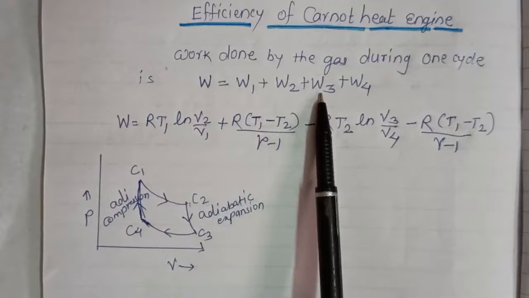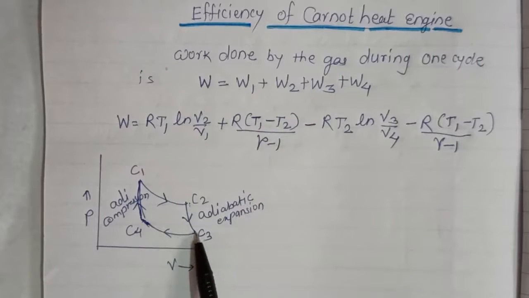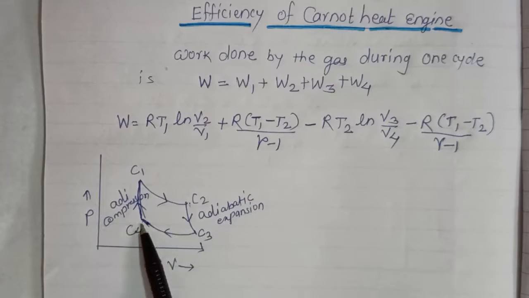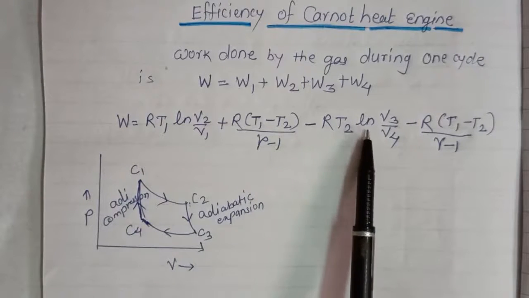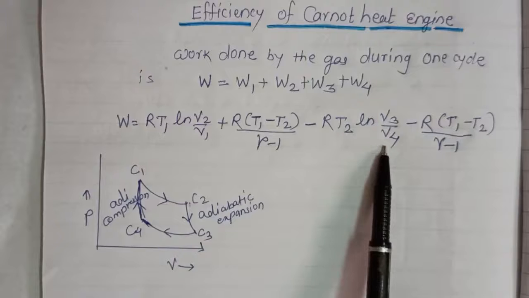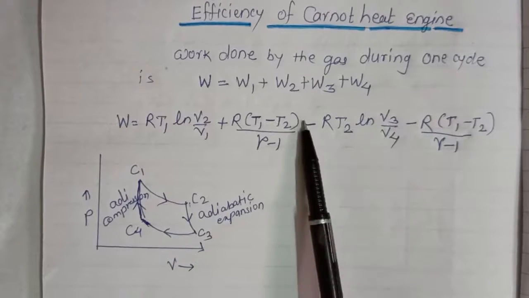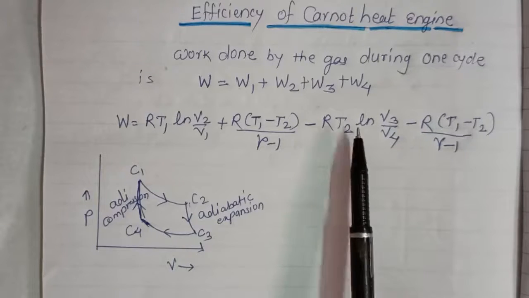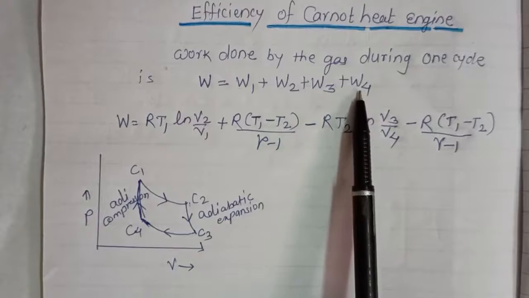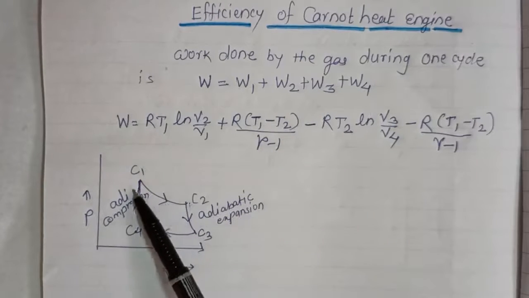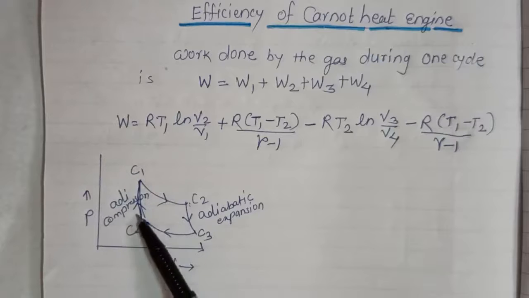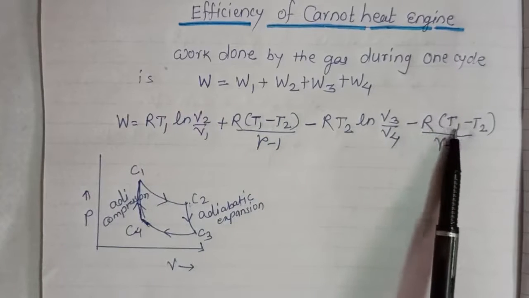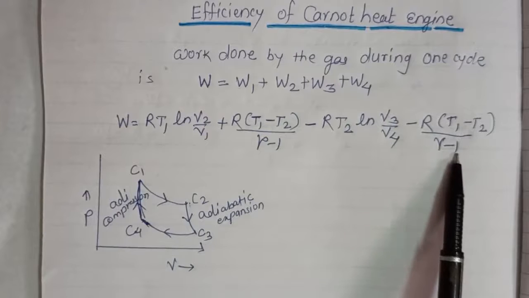W3 is the work done during isothermal compression, represented by curve C3 C4, and W3 is equal to minus RT2 log of V3 upon V4. This work done is negative, it means work done on the gas. W4 is the work done during adiabatic compression, equal to minus R(T1 minus T2) divided by gamma minus 1.